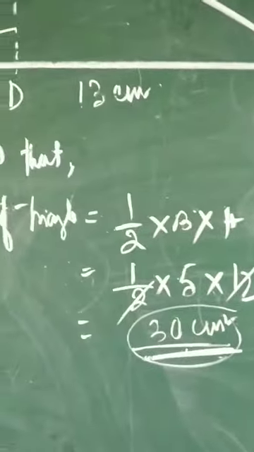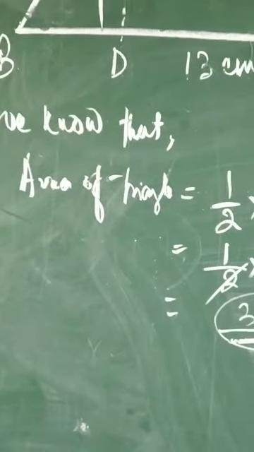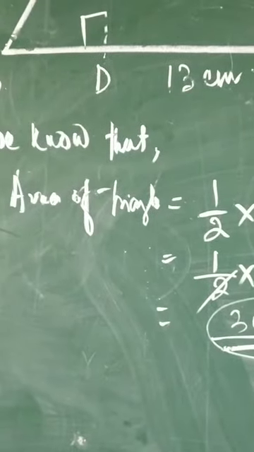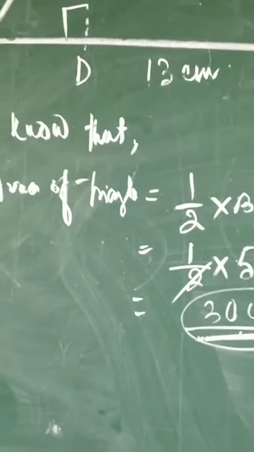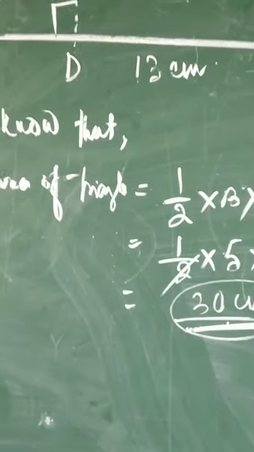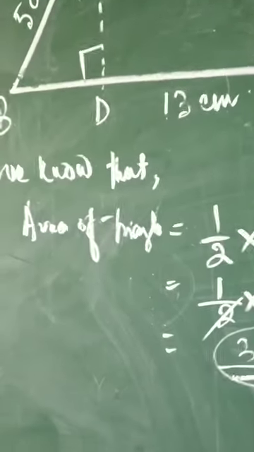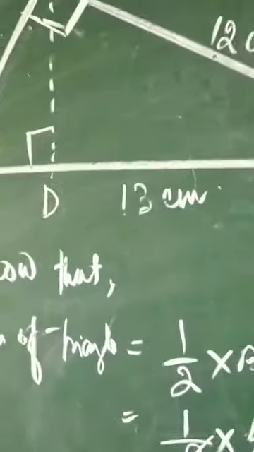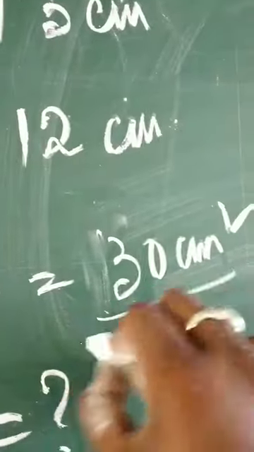Now, one more thing to be found, that is AD. The measure of AD is unknown, but we will find it. How? The area I have just got is 30 centimeter square.